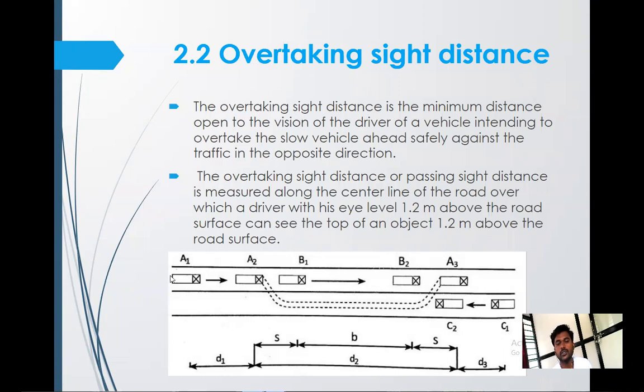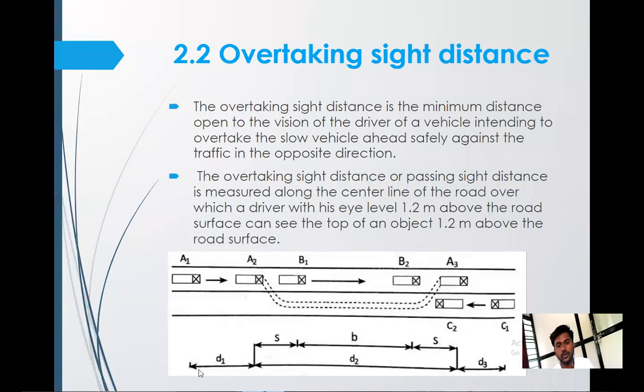Here, vehicle A decides to overtake the vehicle B at this time. At this time the distance is taken as D1.